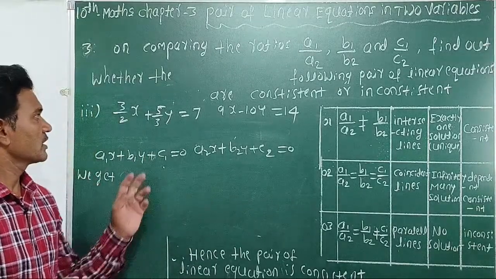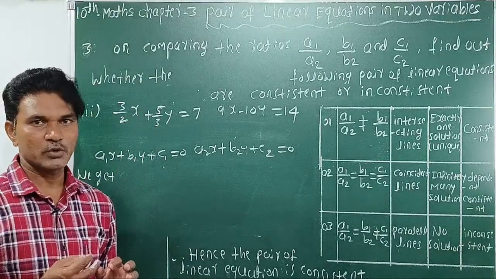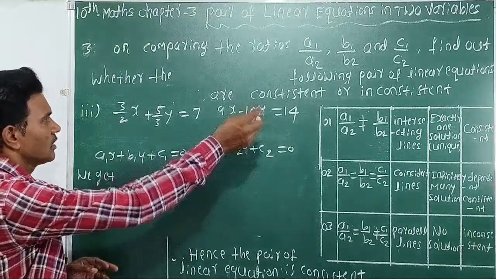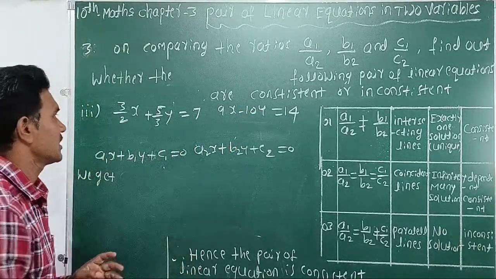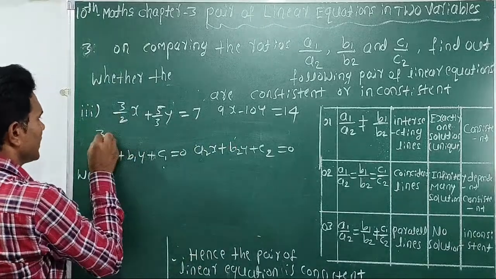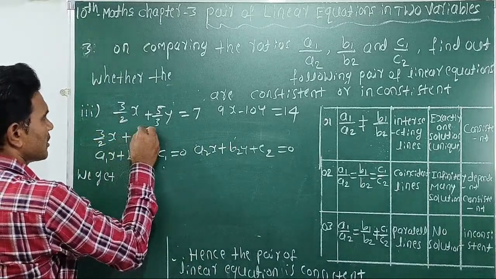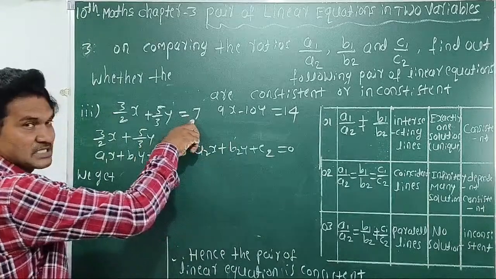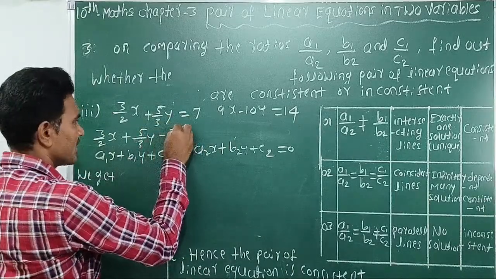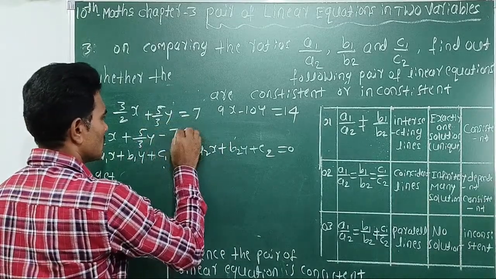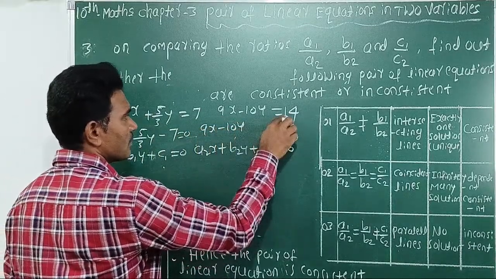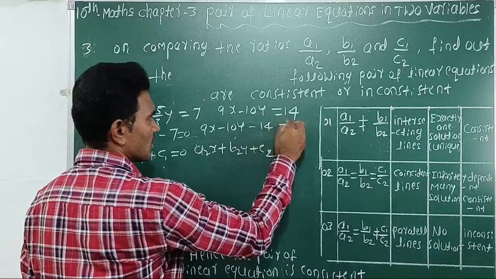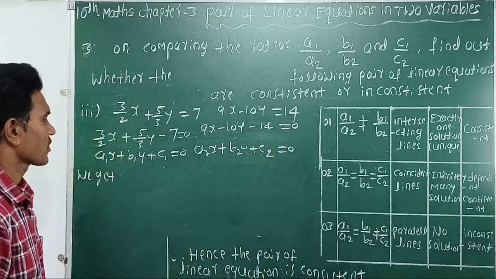First, we have to write the given pair of linear equations in the standard form. That means we have to take all terms to the LHS side. 3 by 2 x plus 5 by 3 y minus 7 equals 0, and 9x minus 10y minus 14 equals 0.